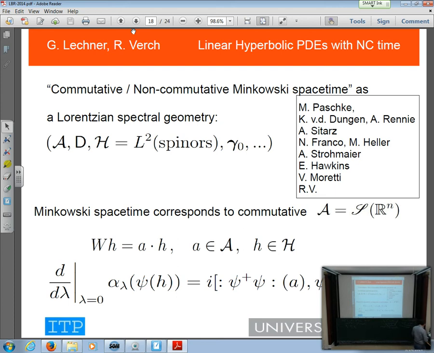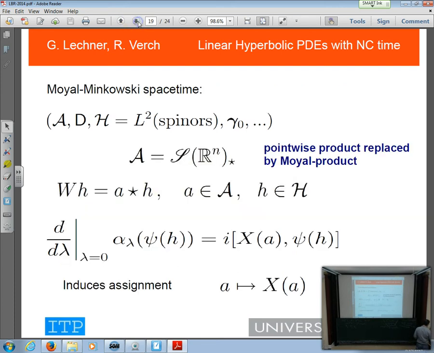And now we would like to play the same game for, let's say, Moyal-Minkowski spacetime. So the pointwise product is replaced by the Moyal product, like so. You could also multiply from the other side, or you can multiply from the left and the right at the same time, or you can take a sum.